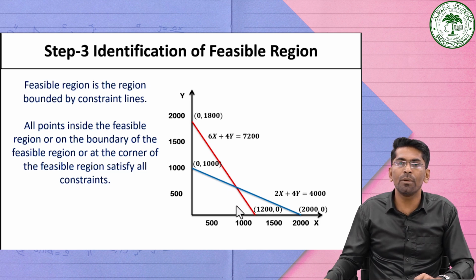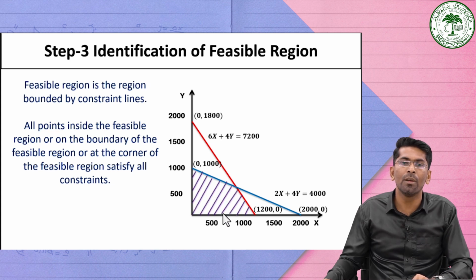So here, the solution space of the given linear programming problem, see, any point inside this particular region, I'm going to shade this particular region. This shaded region is considered as the feasible solution. So we have different corner points here.